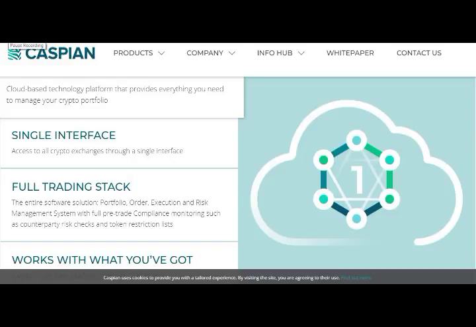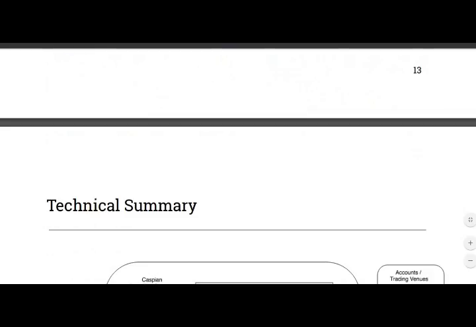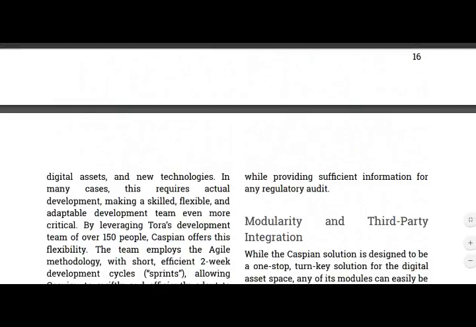Now, finally, I would like to summarize by saying this: that Caspian has come to change the way business is being done now in the crypto space. It's no longer business as usual. Caspian has come with a brand new model, a model that will set the standard, a model that will put power back into the hands of the investor, so that the investor doesn't just take the words of his trader, hook, line, sinker.